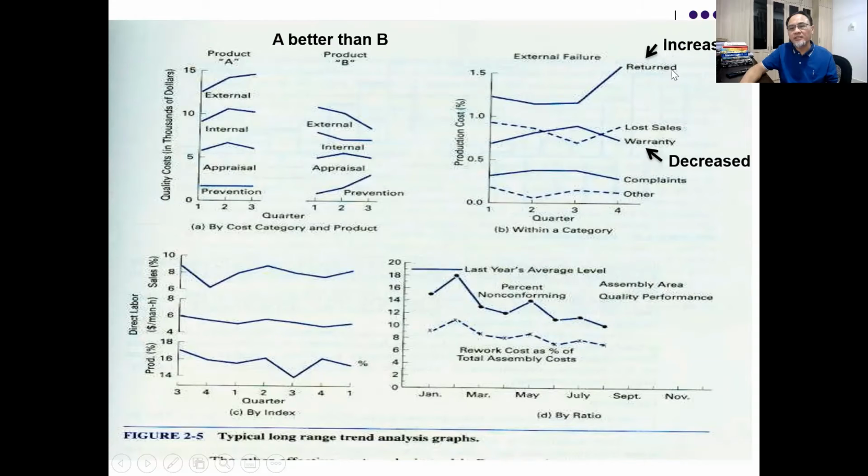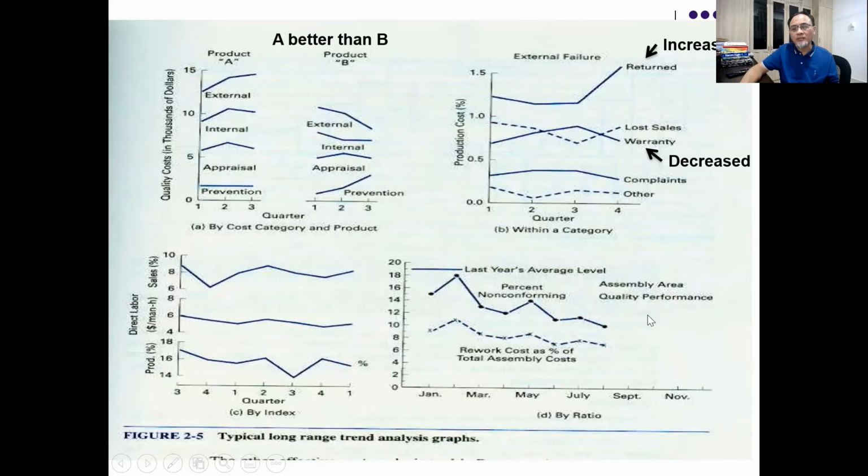You can see this is an increase, there's a decrease, and compare with dollar sales and other types of costs. Or by index: this is production percentage, direct labor cost, man hour sales. You can see the direct labor cost against production percentage. Or you can look at percent non-conformance, assembly area.